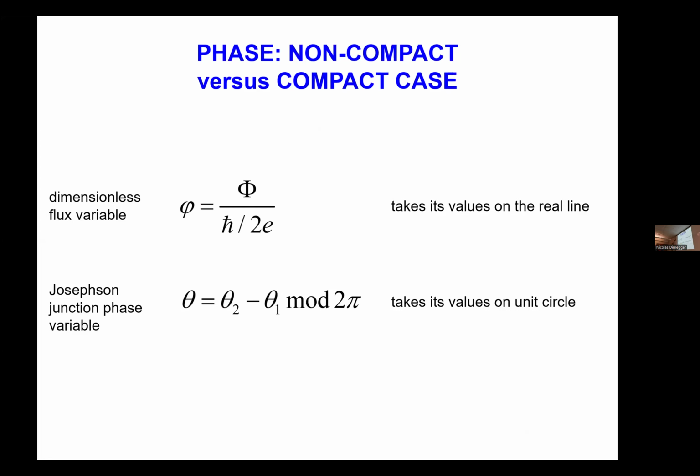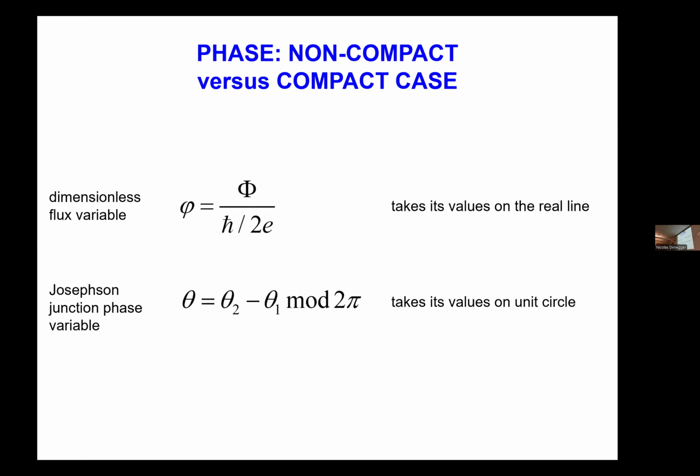And this is this question of compactness of the phase. So the usual phi, usually we like to call the phase, the round phase here, which is just a flux divided by the flux quantum, takes a value on the real line.